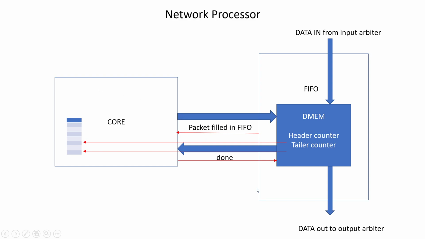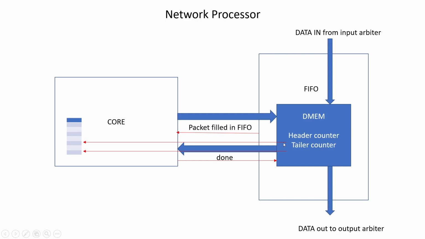This is the proposed network process architecture. The data from the input arbiter goes through a FIFO into a data memory. The FIFO then waits for the packet to fill up the data memory. Once the packet is filled up, it sends a signal to the core indicating that the data is ready.